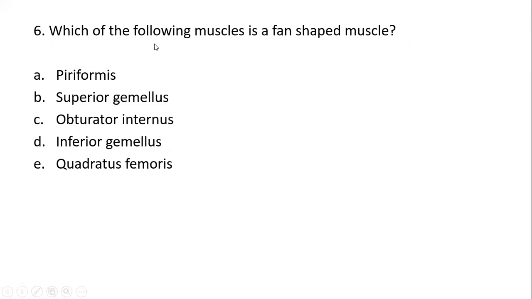Question number 6 reads, which of the following muscles is a fan-shaped muscle? Now, what University of Health Sciences has started very recently is that they have started to merge the questions from general anatomy with the gross anatomy. So you actually cannot leave any corner from the general anatomy books, even though it's a very small subject, and it comprises some general knowledge facts related to general anatomy covering all of its branches.